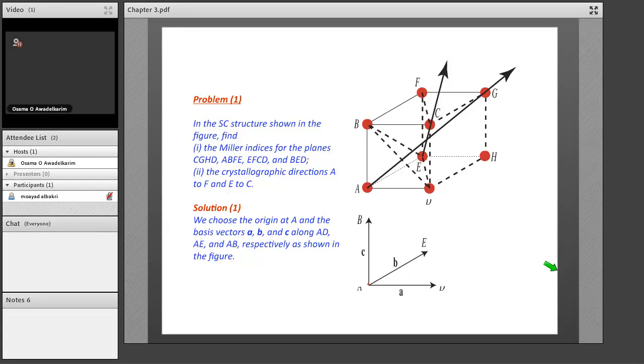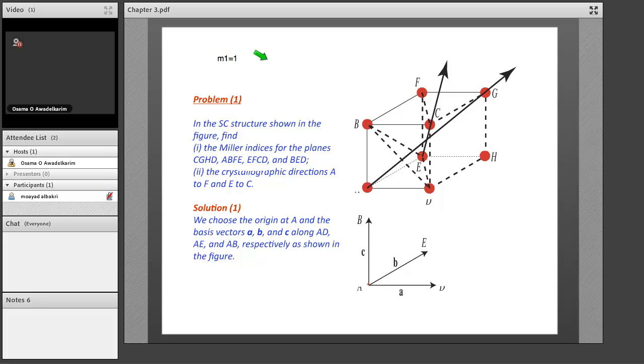Okay, now the next plane is EFCD. Let's see, E here, F up here, C is here, and D is here. So we're talking about this diagonal plane. Again, let's go back to our A as the origin, and look at the intercepts of this plane with the basis vector A. That intercept is M1 equals 1.